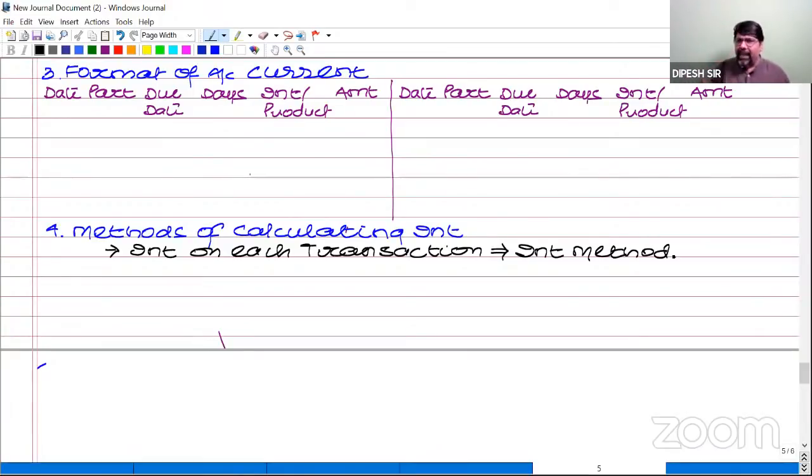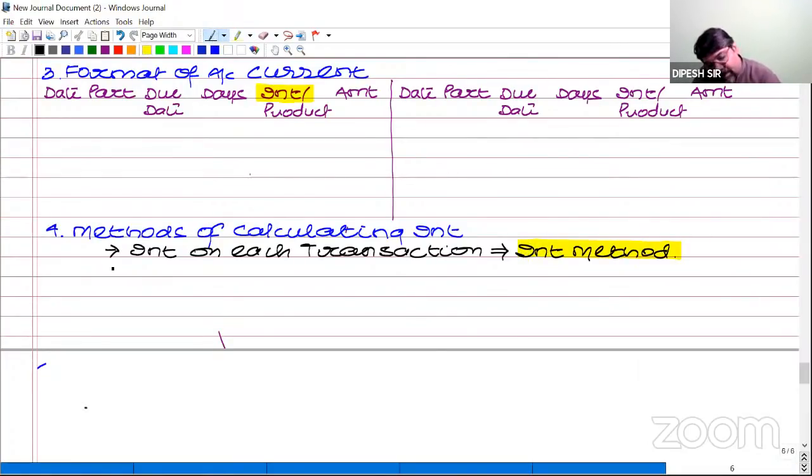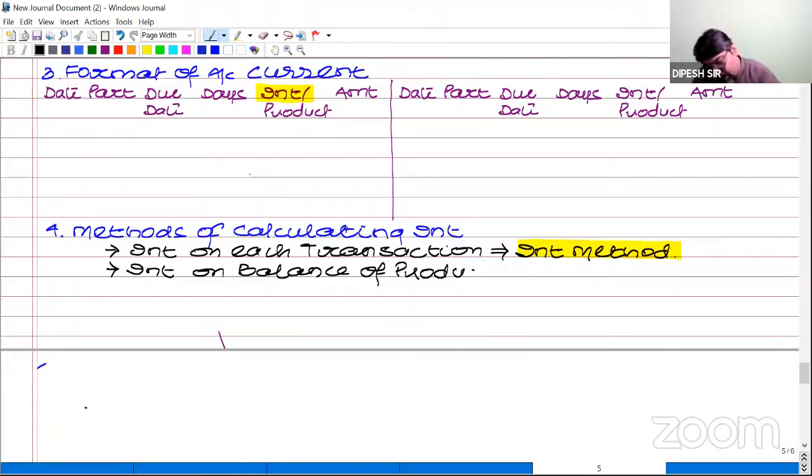That means for every transaction you will calculate interest. Then you will have an interest column. Am I clear? Yes. Then chartered, interest on balance of product. Then we'll follow the product method. There are two ways to calculate interest. Interest on each transaction, then interest method. Interest on balance of product or interest on product, then we'll follow the product method.